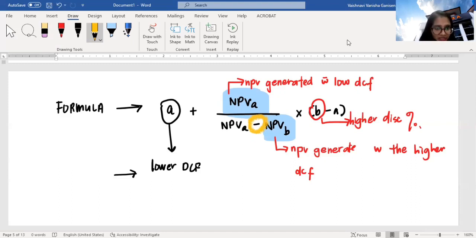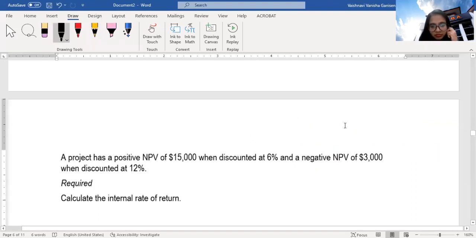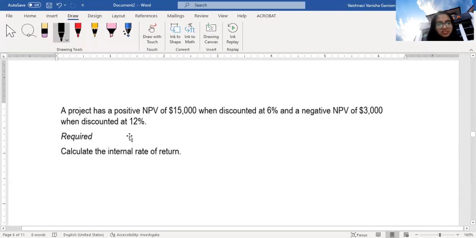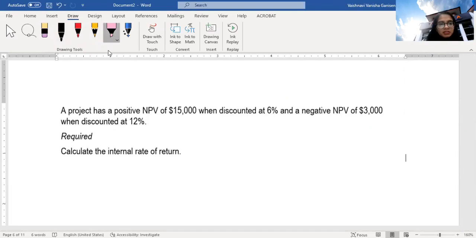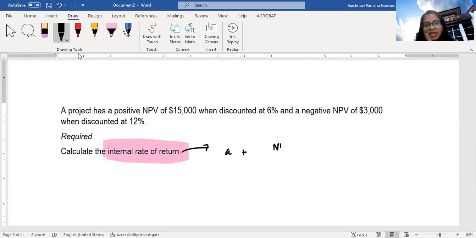Okay, let me share screen. All right, here. In this question, you are required to calculate the IRR. When you want to calculate the IRR, the formula is A plus NPVA over NPVA minus NPVB, into B minus A.